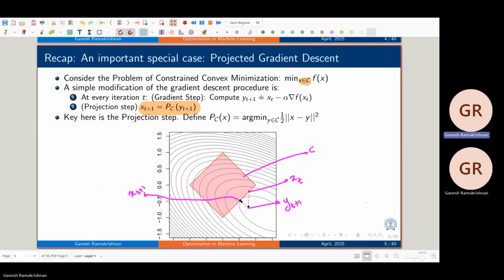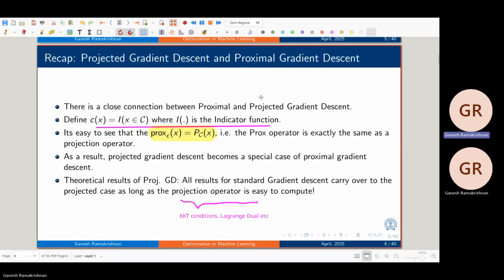What we also saw is that this gives rise to a very interesting new discussion, right? We are saying only projection with respect to the indicator of C. Projection in this case basically means minimizing the squared norm distance, right?